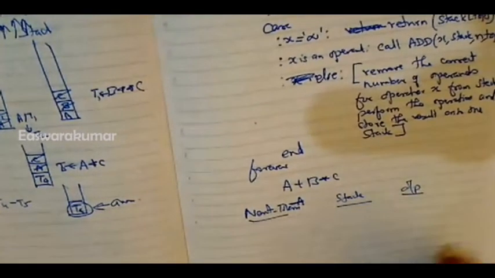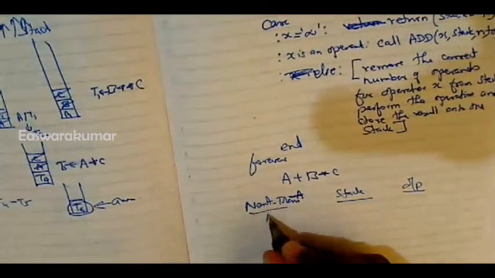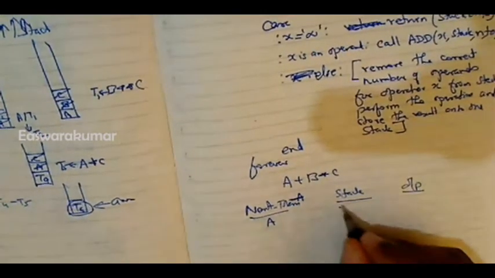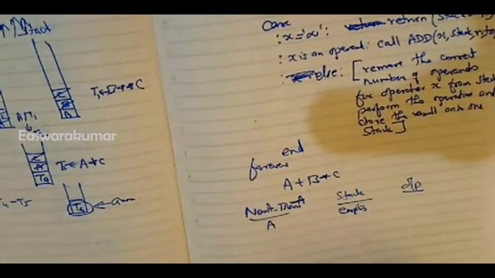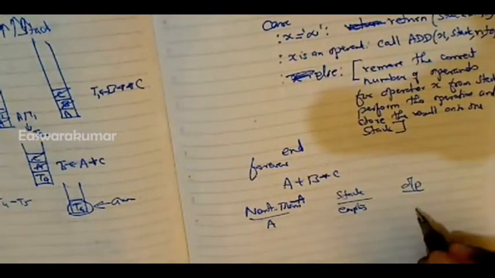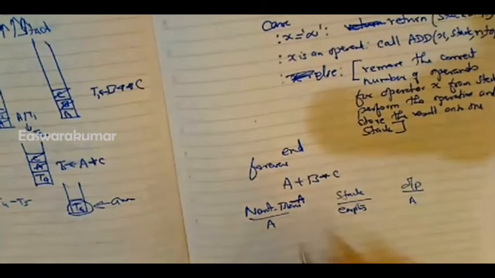There are three parts. The next token is A. At that time the stack is empty, because we are not writing anything inside the stack, and the output is A. Then plus is coming.